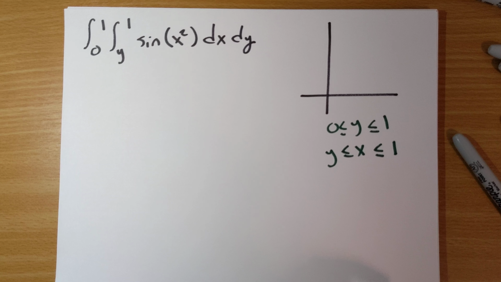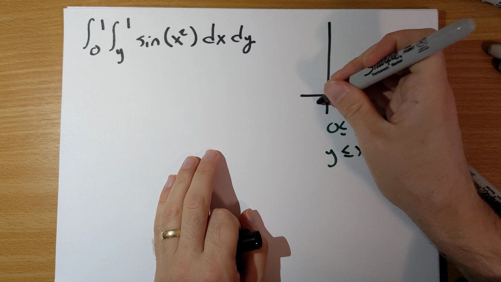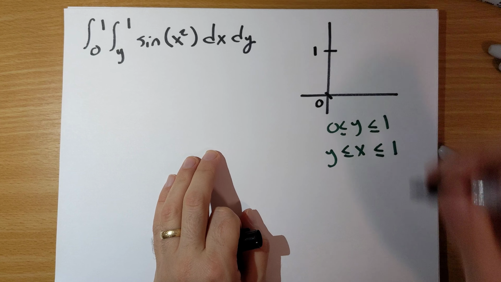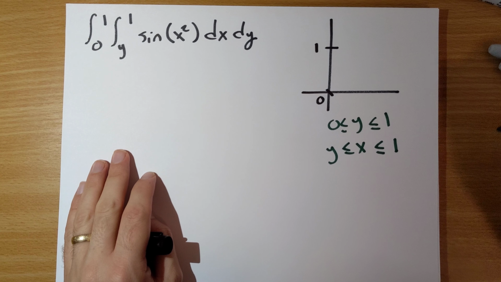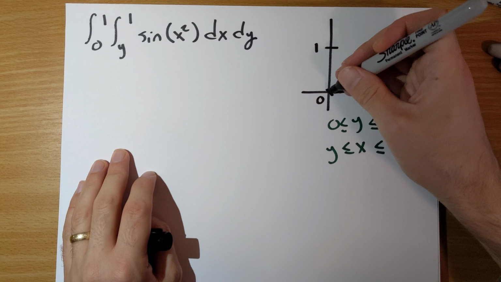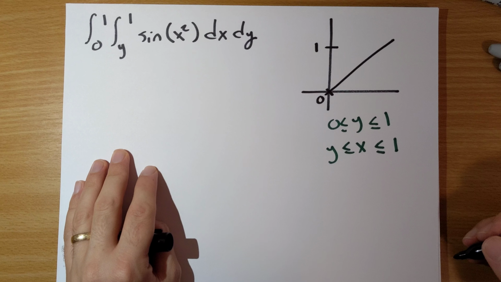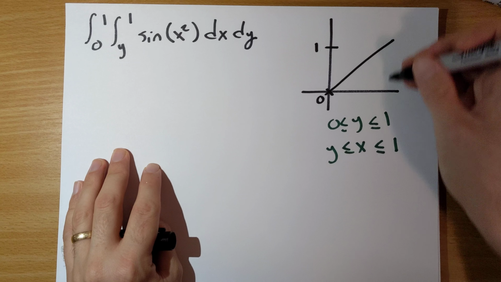And so this is going to be a triangle in the xy plane. Y ranges from 0 to 1. For x, we have the line y is equal to x, and we have the line x is equal to 1.